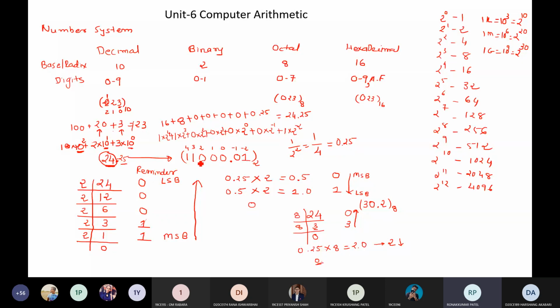Either 0 or 1. મીન્સ એ વેઇટ એડ કરું કે વેઇટ એડ ના કરું. અહીંયા જુઓ.